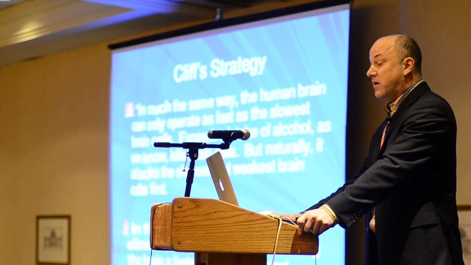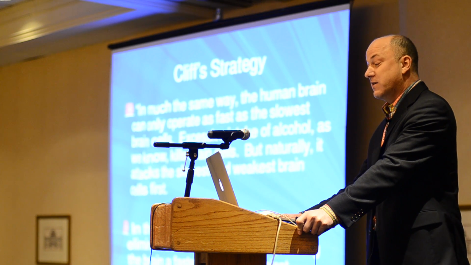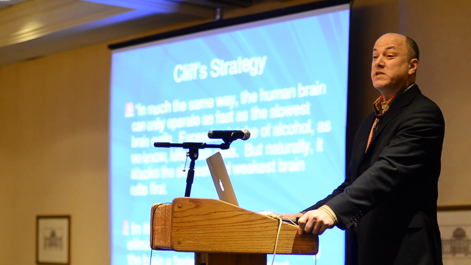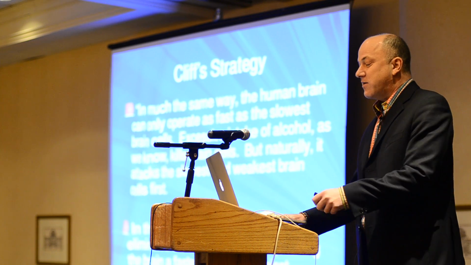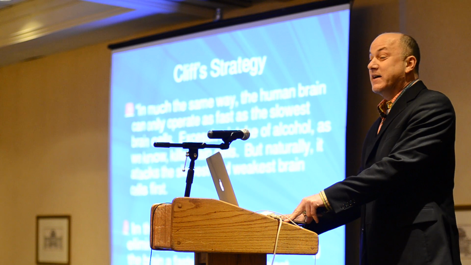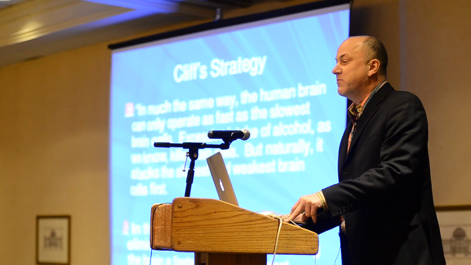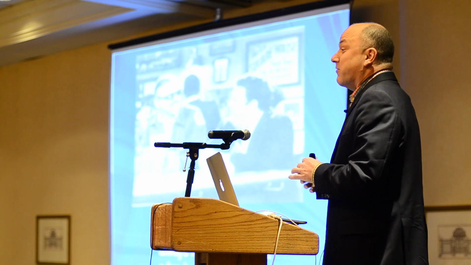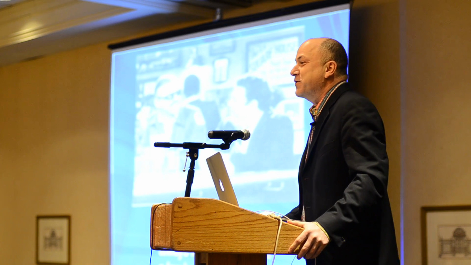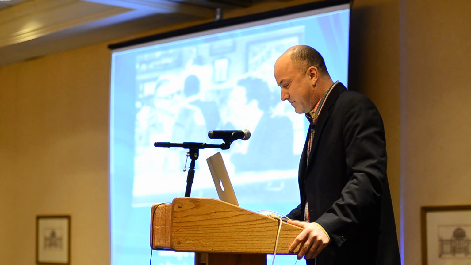Excessive intake of alcohol kills brain cells, as we know, but of course it attacks the slowest and weakest brain cells first. In this way, the regular consumption of alcohol eliminates the weaker brain cells, making the brain a faster and more efficient machine. That's why you always feel smarter after a few beers, okay?